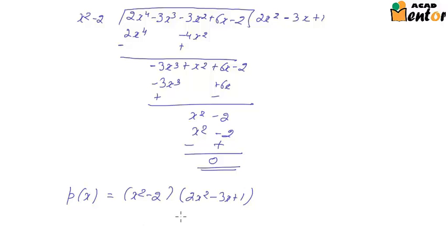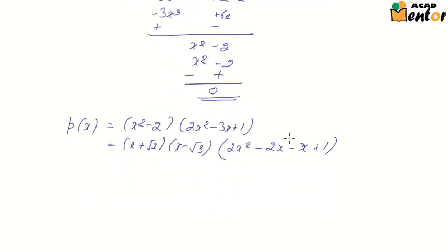We know the factorization of x square minus 2 will give us root 2 and minus root 2 as factors. So let's find the factors for the quadratic term. We have to find two numbers such that their sum is minus 3 and their product is 2. So these two numbers would be minus 2x and minus x, and plus 1 is the constant term.